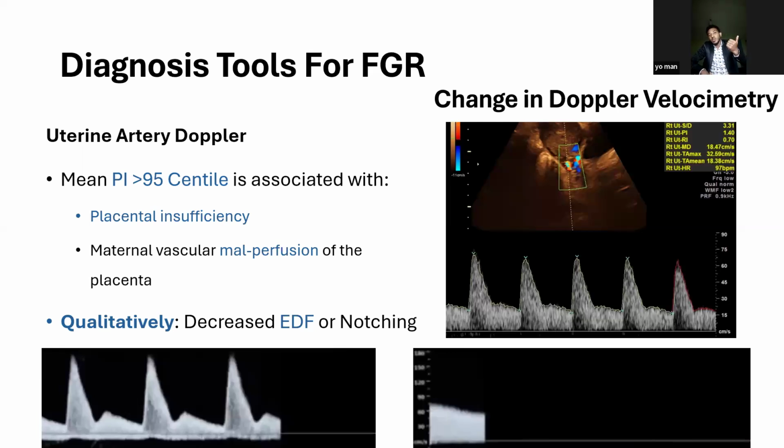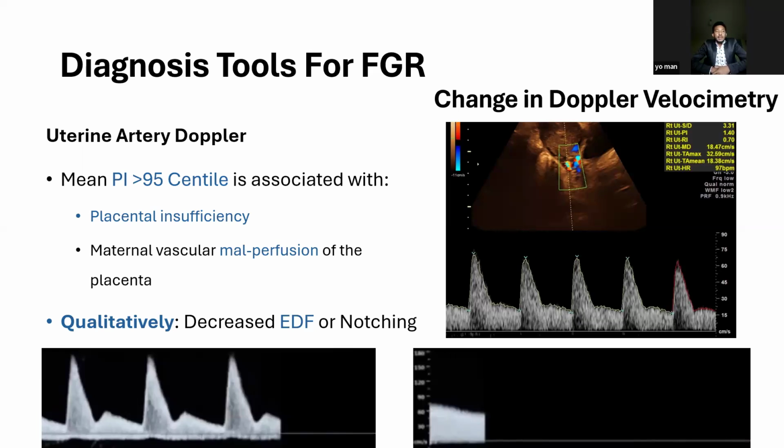So when you measure, let's say the placenta is right lateral, and you measure the left side of the uterine artery, it could have a resistance because there is not so much trophoblast invasion as on the right side. That alters your Doppler reading to show a resistant vessel rather than a normal vessel. That is why calculating the mean PI is important in assessing the uterine artery. This is one reason to assess the mean PI.